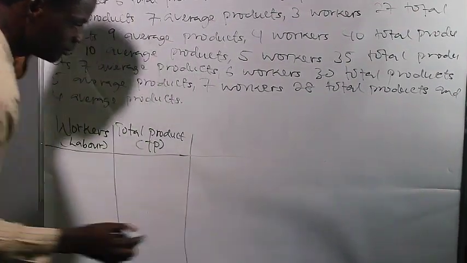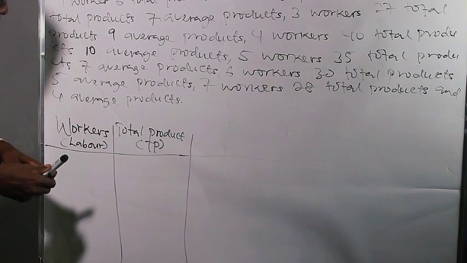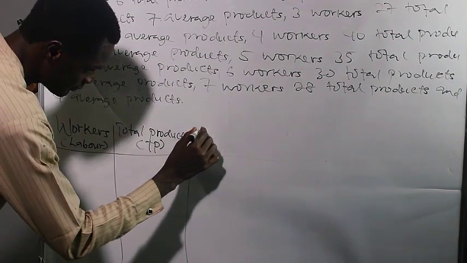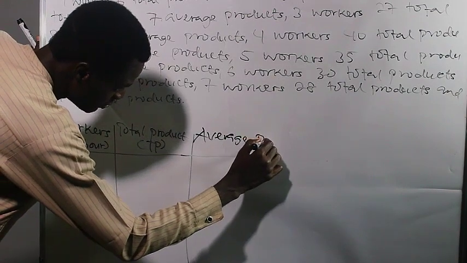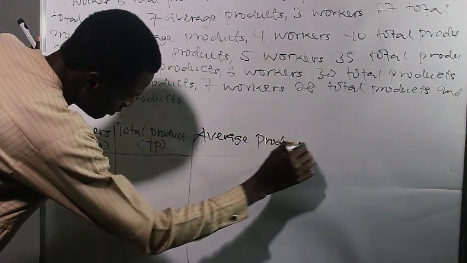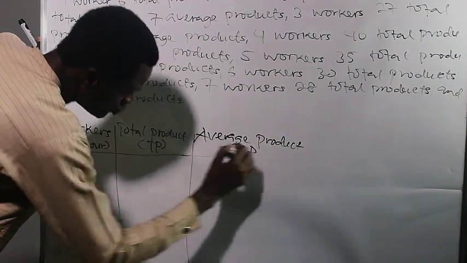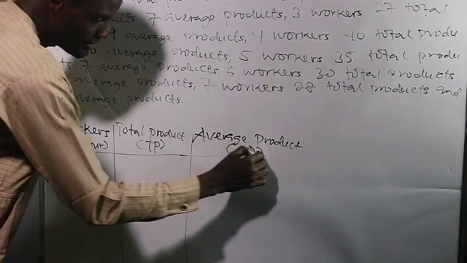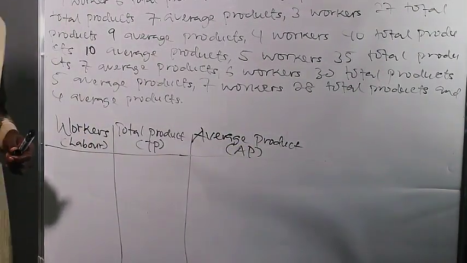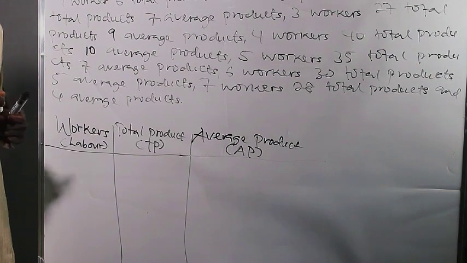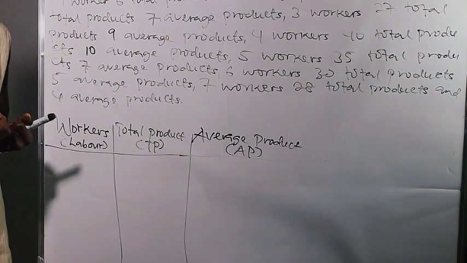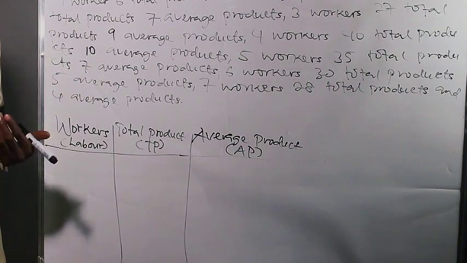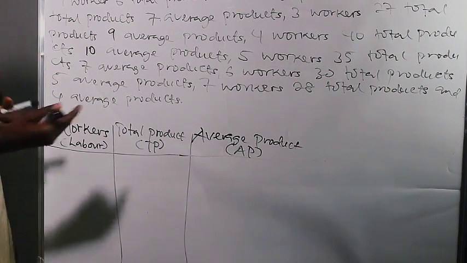In the next column, we have average product, AP. So what we mean by average product is the output per unit of input. For example, here we have workers. So how much each worker produced at the end of the production process, that is the average product.